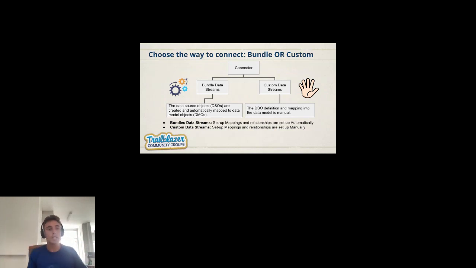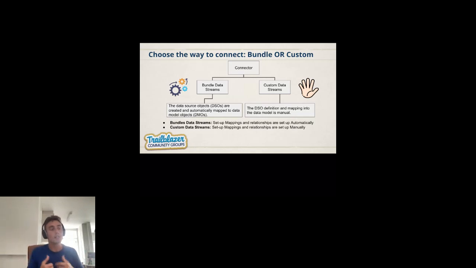So within a few clicks, you will transform the data that you have from Marketing Cloud to some data model objects that are already part of the Customer 360 model. So they are already available in your Data Cloud Galaxy. And after that, you also have the custom data stream, which is, for example, a data extension in the case of Marketing Cloud, where you will have to manually map the information to your data model objects, to your DMO.